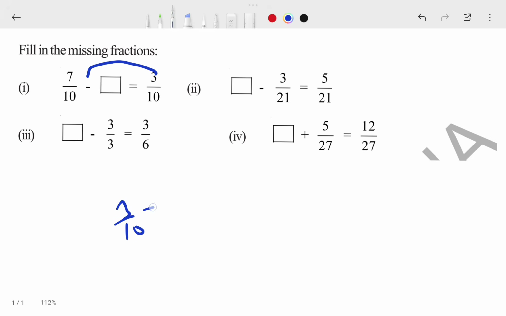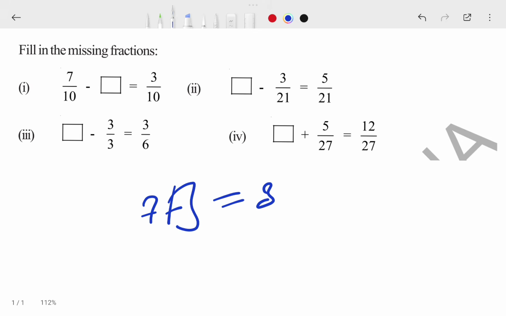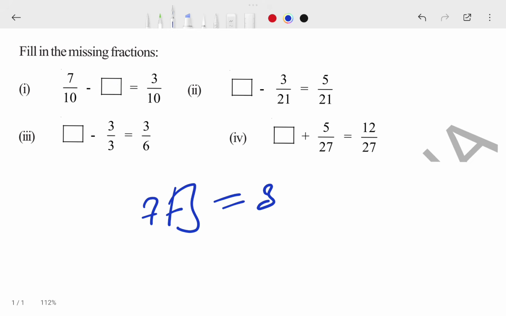Generally, for the direct answer I can say, this is 7, this is 3. In 7, how many you put in this box becomes 3. Generally, if it is 10 by 10, then only that 3 will become 10.